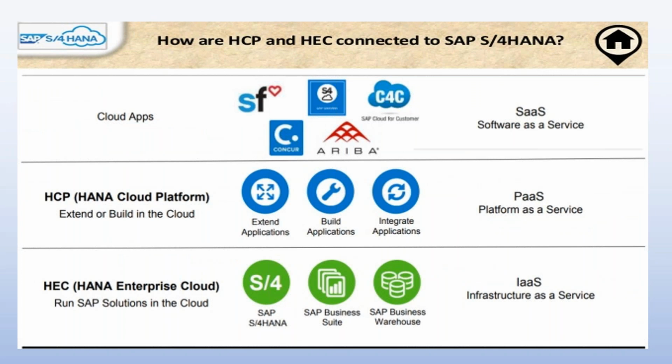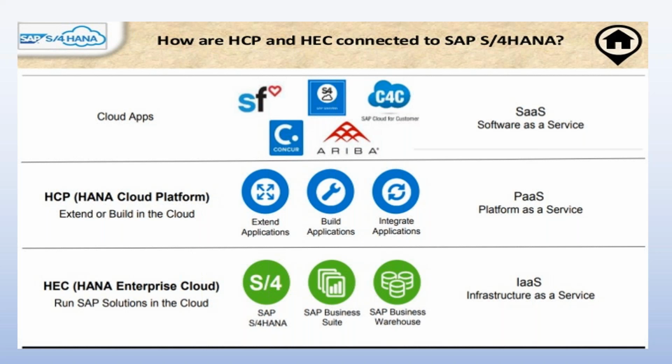HANA Cloud Platform, HANA Enterprise Cloud and Cloud Apps. So Ariba and SuccessFactors, and Concur, these are called SaaS. SaaS means software as a service. These are the software which you will be using as a service. SAP HANA Cloud Platform, here you can have the extended application. You can build your application.